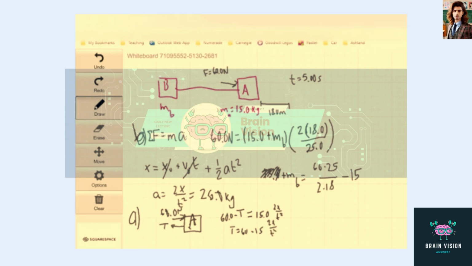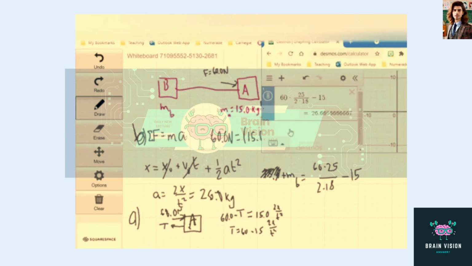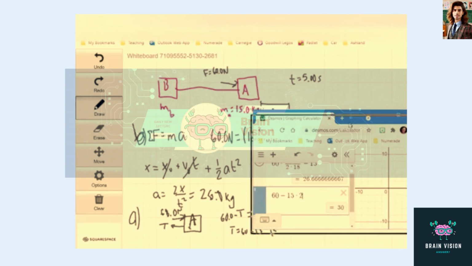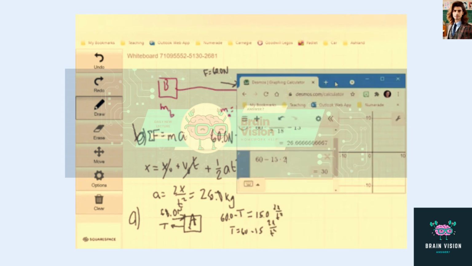Let's put that into a calculator. It's going to be 60 minus 15 times 2x, 2 times 18, over 25.